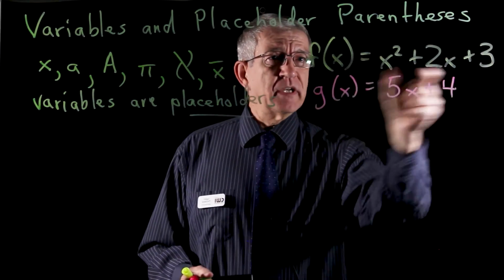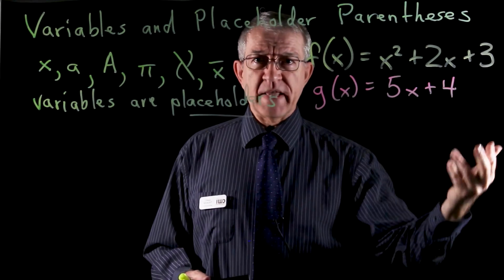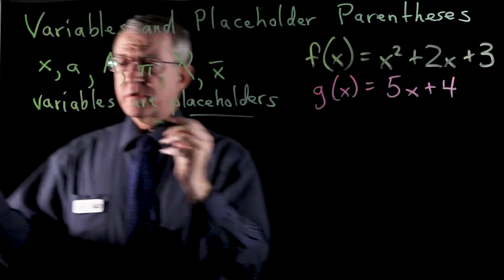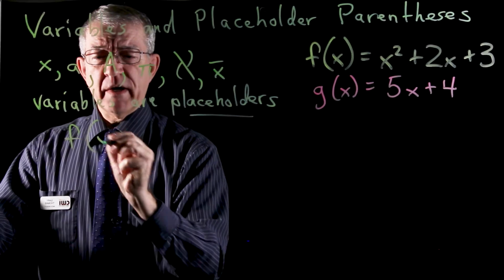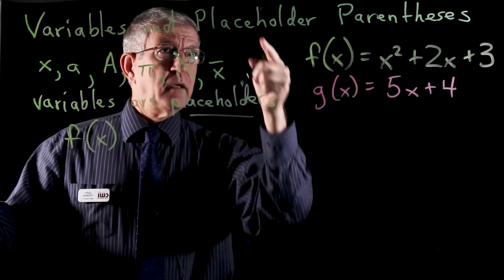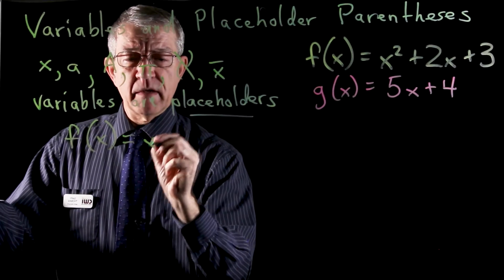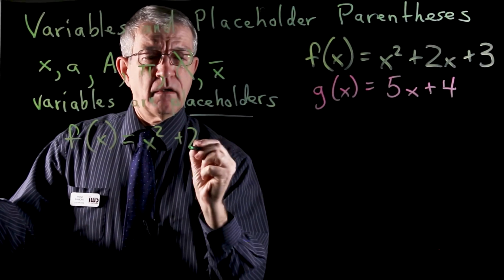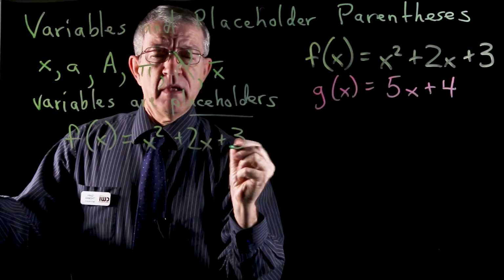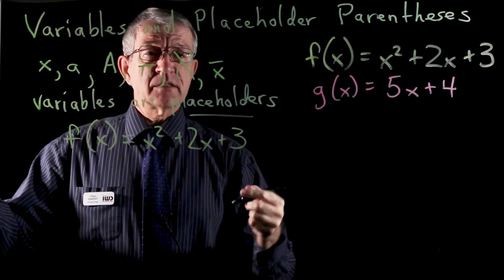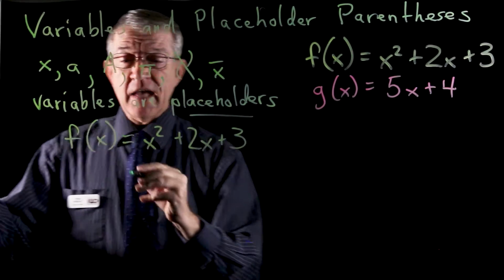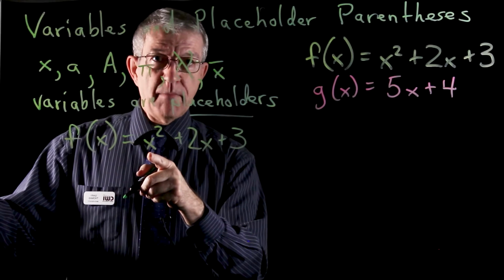I think of a function, f of x, as actually having a certain shape. And so if we wanted to write the function using placeholder parentheses instead of placeholder variables, then our function f of x equals x squared plus 2x plus 3 has a shape where there's something.